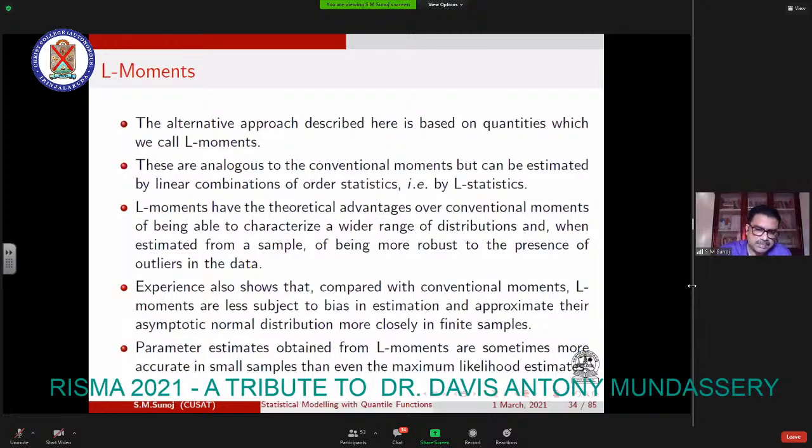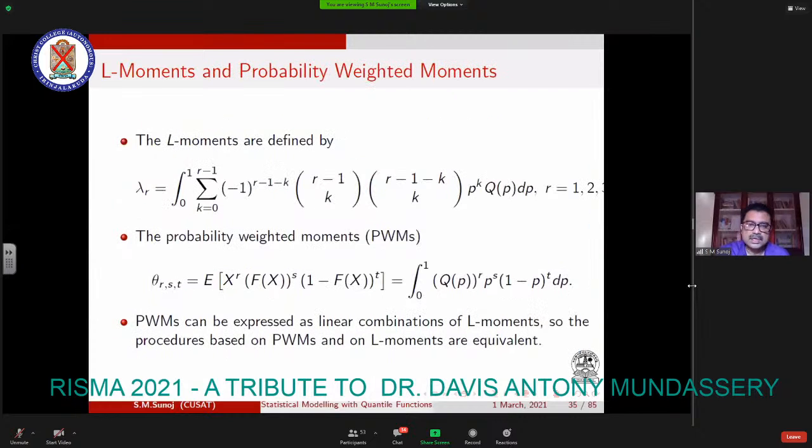Parameter estimates obtained from L moments are sometimes more accurate in small samples than even maximum likelihood estimates. So on certain occasions this works more efficiently than the traditional methods of estimation of parameters, and it is often used because it is robust against outliers.